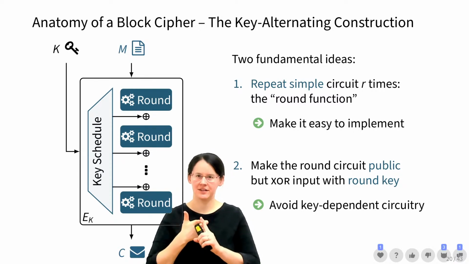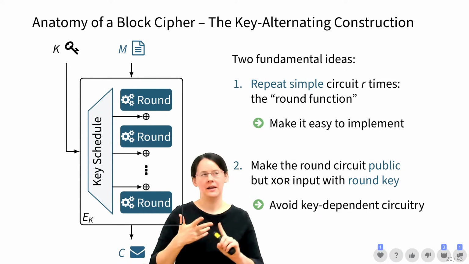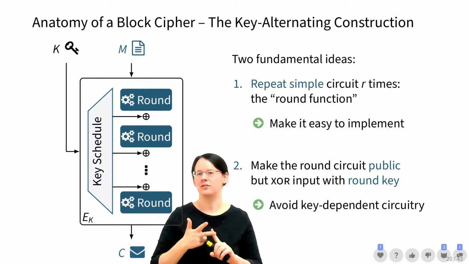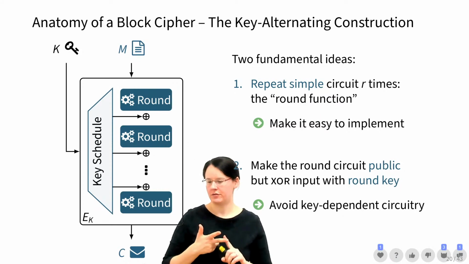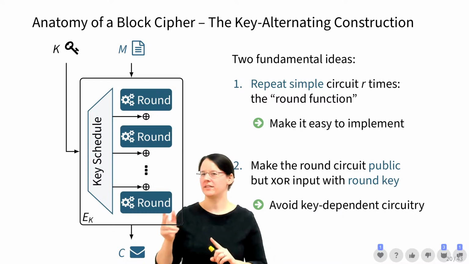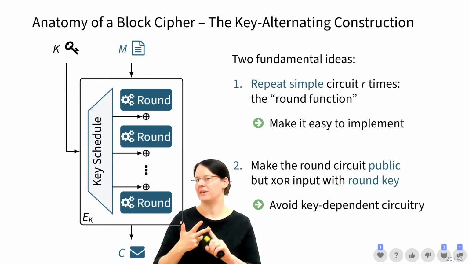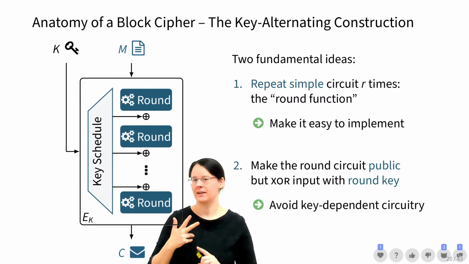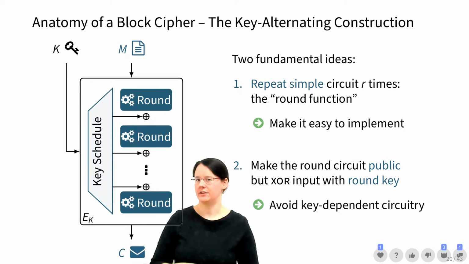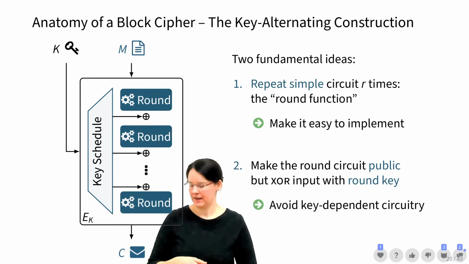It does contradict a bit Kerckhoffs's principle, and it also could be a trigger for something like side channel attacks, that try to look at the key-dependent circuitry and learn something about the key from it. So for this reason, we choose a very, very simple operation, namely taking the intermediate result and XORing the key, no matter what the key value is.